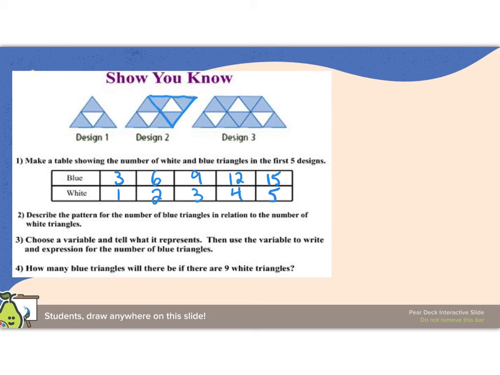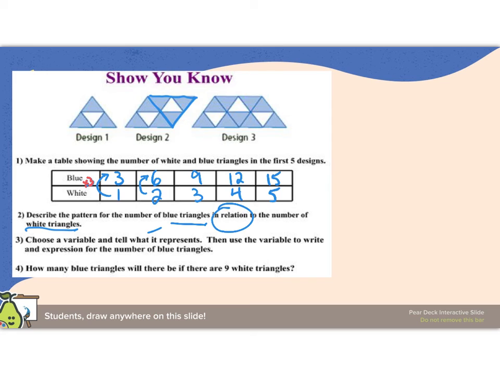So describe the pattern for the number of blue triangles in relation to the number of white triangles. Now I need to find out between these blues and the whites, what is the connection? I can actually see every single time they're always multiplying by 3. Let me just change my color.